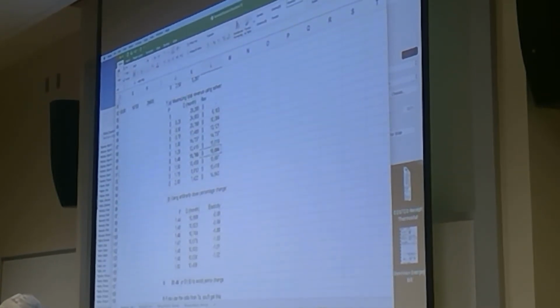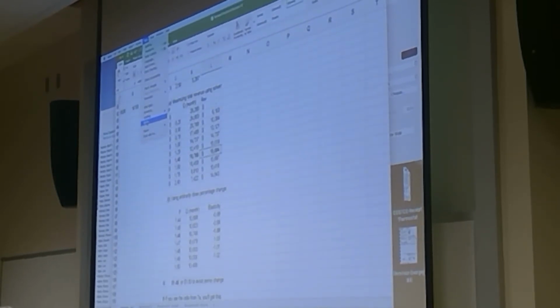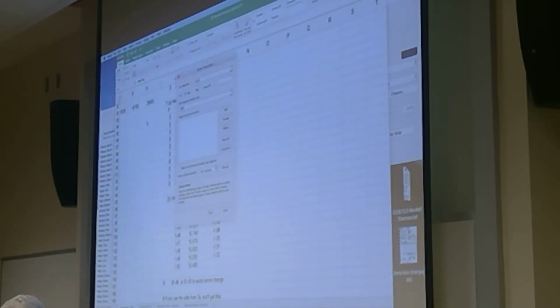Then go up here to Tools, and come down here and click on Solver. Okay, and that's the one I was telling you about before, where you may have to go back and ask. And then come over here.